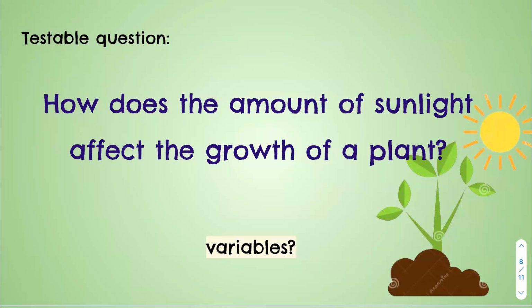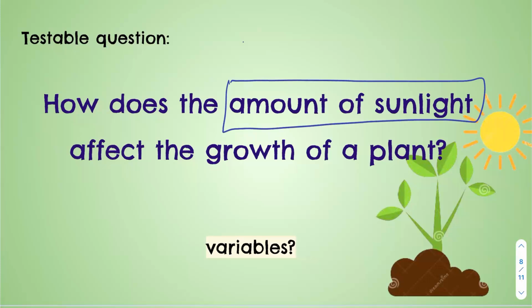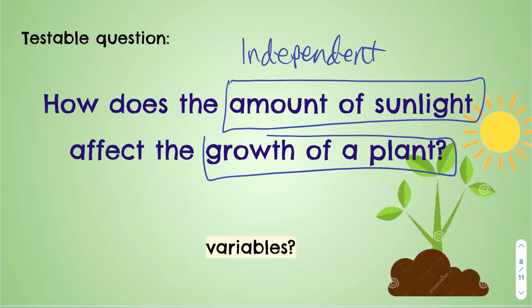Well, for this experiment, I would have to change the amount of sunlight. And then what I would measure would be the growth of the plant. So that is the dependent variable. The growth of the plant depends on the amount of sunlight.